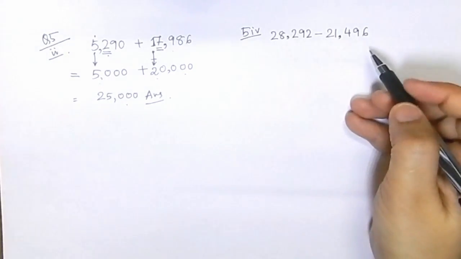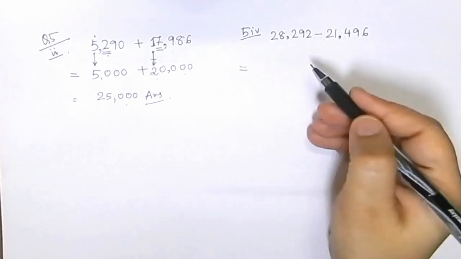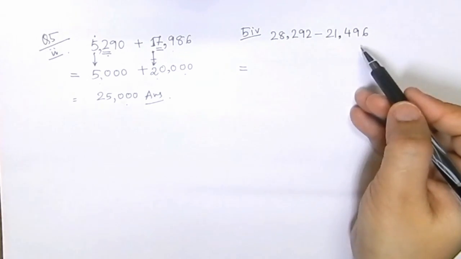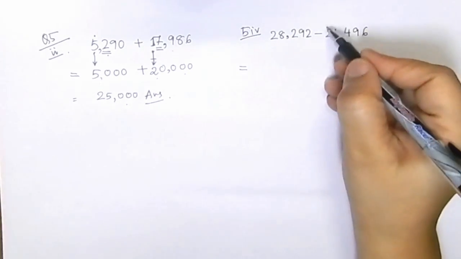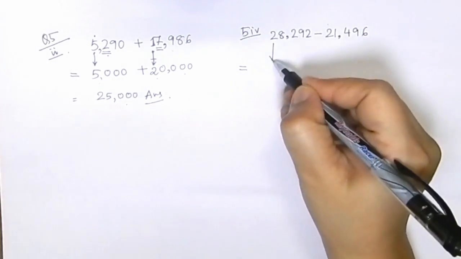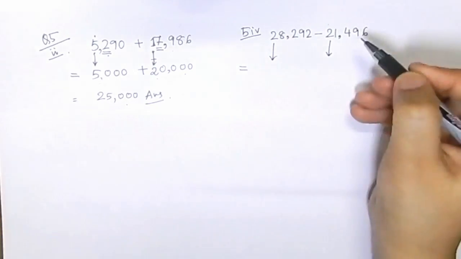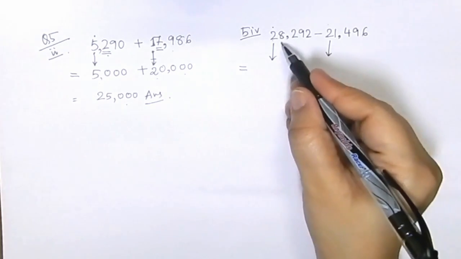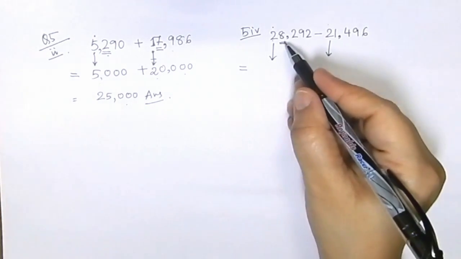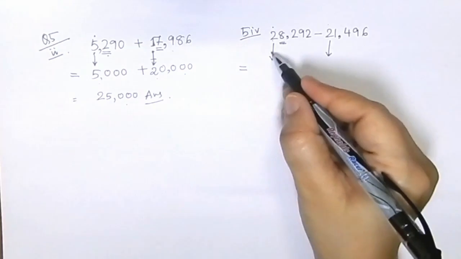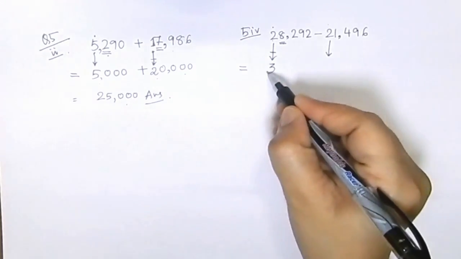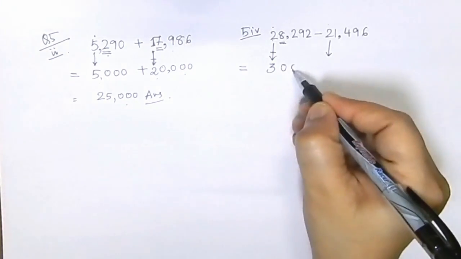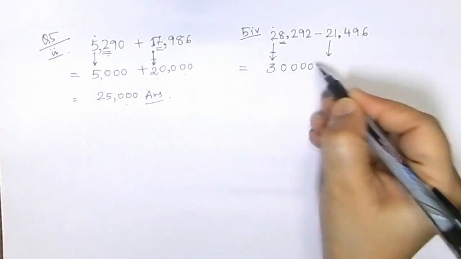In this case also you have been asked to round off to its greatest place value and then find the difference. In both of these, this is the place you have to round off to because it's the highest place value, the 10,000s place. Check this digit, this is 8, more than 5, so this will increase by 1, so this becomes 3, and the other digits on the right become 0.